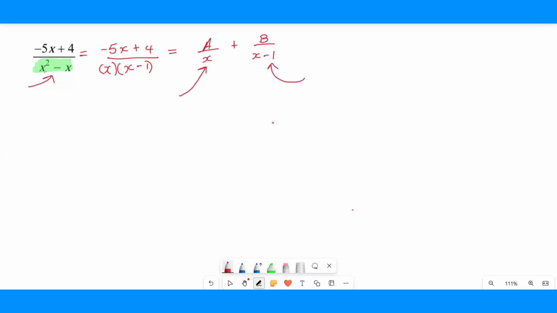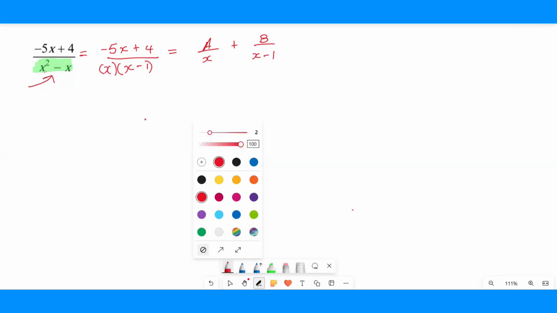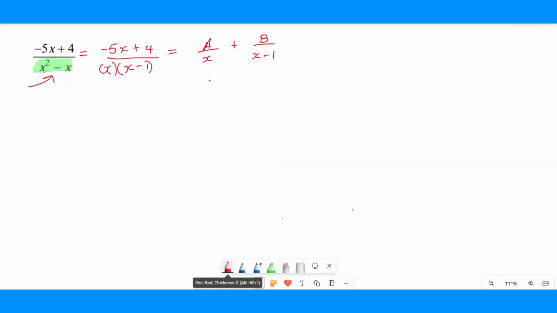Now we're going to multiply throughout by the denominator, which is x times x minus 1, and then see where we go from there. So let us just do this.